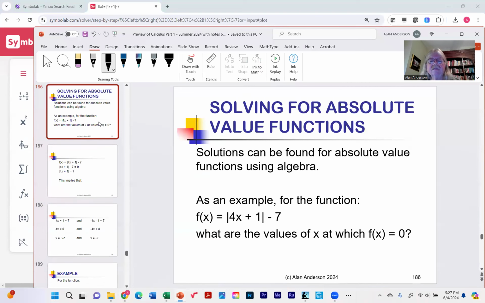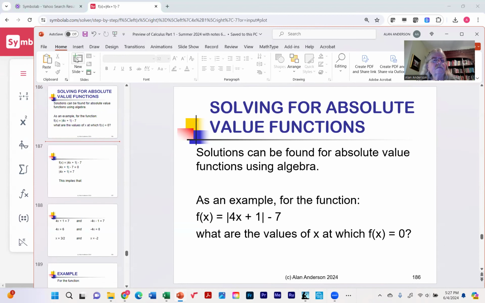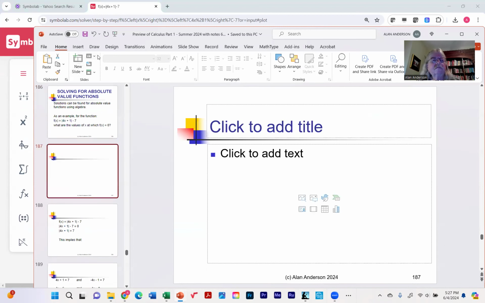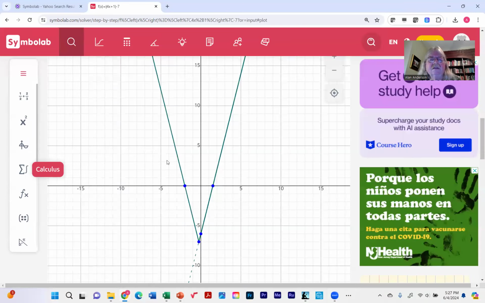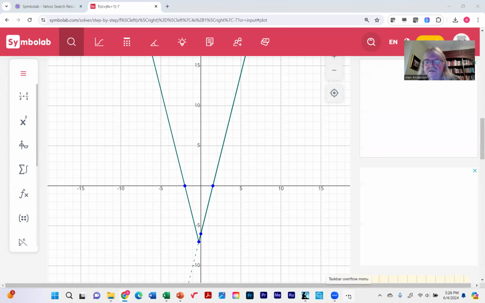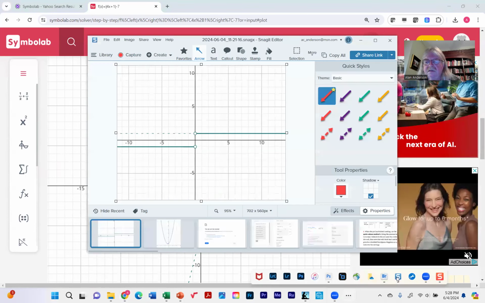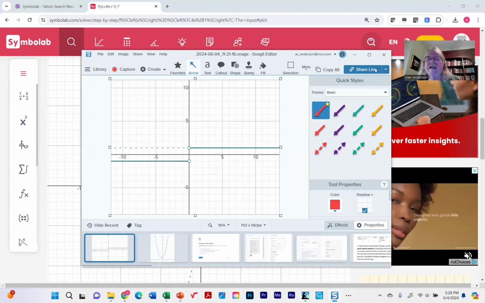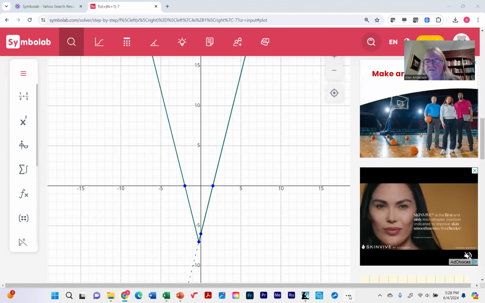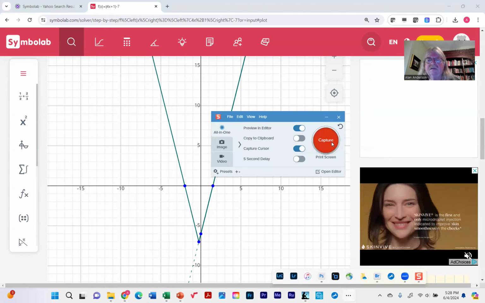So that means, based on that graph, I'll just copy it. Why not? It just so happens I have this software on here called Snagit, which I was using a while ago.